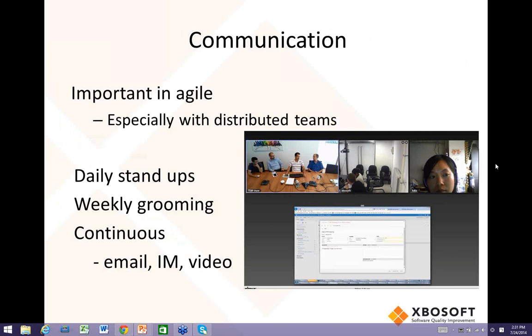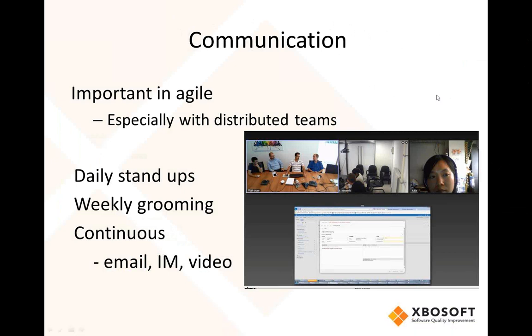We don't want the meeting to take too long. So on the left side you see the developers in the Netherlands accompanied by an information analyst who's explaining the story. In the middle you can see me and Mandy in the Beijing office, and on the right side you see Julia, who was working at home that day but who could still join the entire process because we're working remotely.